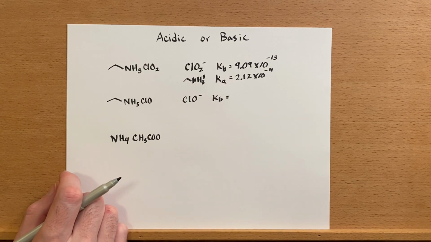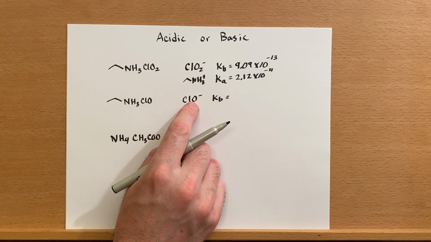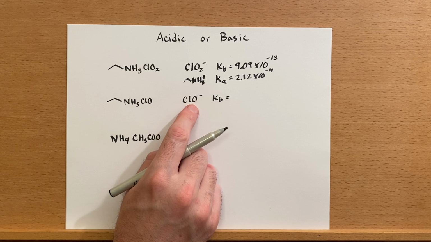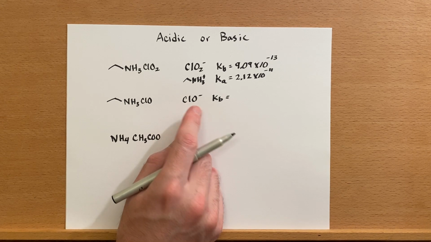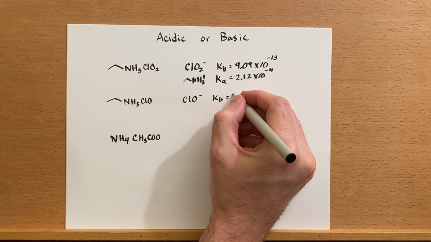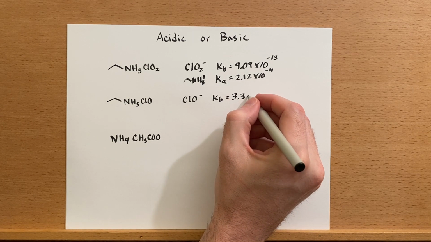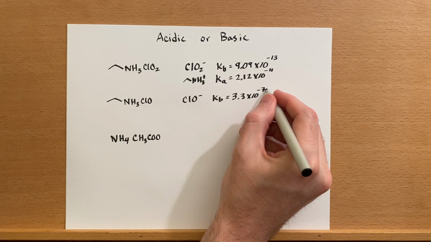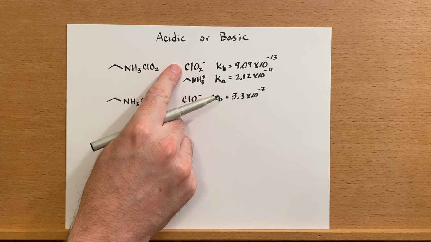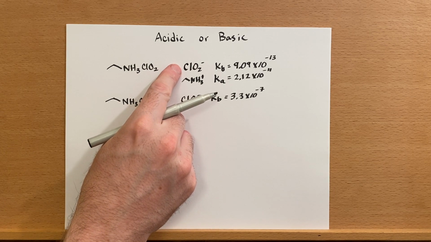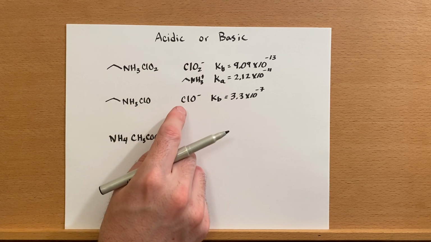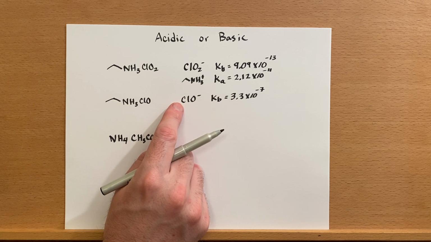Now the Ka for hypochlorous acid is 3.0 times 10 to the minus 8, which makes the Kb 3.3 times 10 to the minus 7. So chlorous acid is a much better acid than our hypochlorous acid.